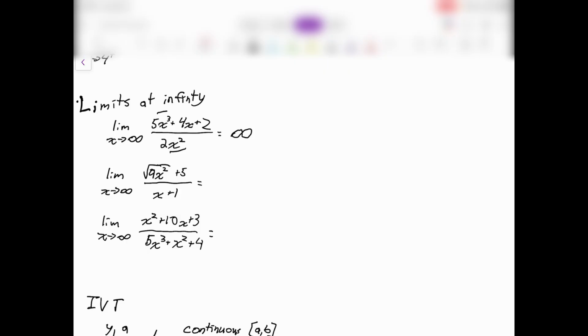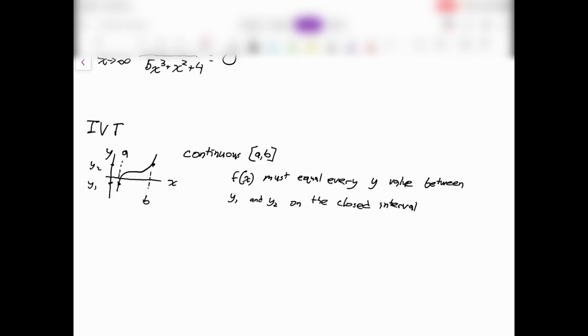Although this has a squared, since we're taking the square root, it would really be 3x over x. With this, you just look for the leading term, so it'd be 3 over 1 is what this is approaching. Now when the degree on the bottom is greater than the top, this is just equal to 0.